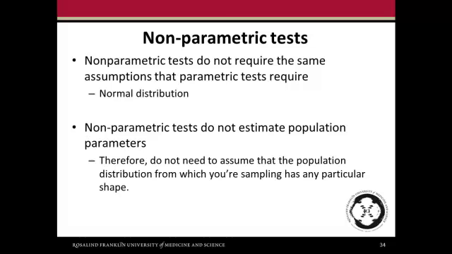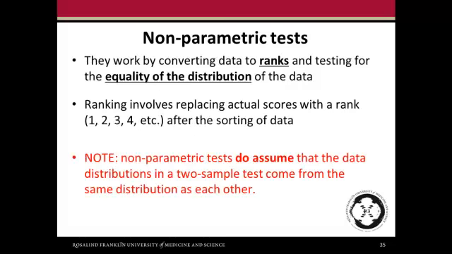Right? So if we're trying to estimate the mean, we need that distribution to be normal. Similarly with standard deviation, we can estimate it when there's a normal distribution in the population that we're sampling.